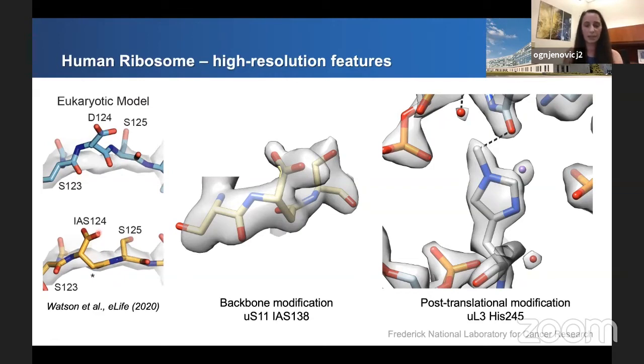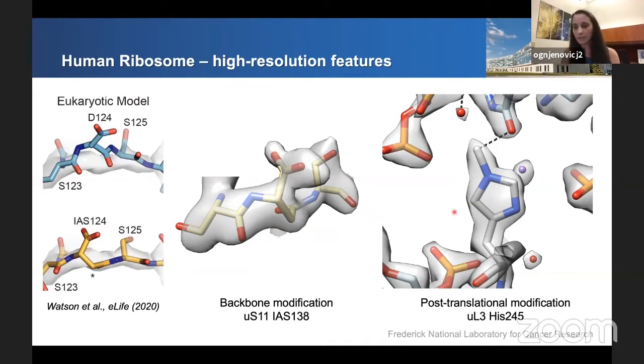In the same paper, the authors speculate that this isoaspartate is universally conserved. And indeed, in our map, we could see that the fitting of isoaspartate in the same protein looks really nice. So that's one example of backbone modification.